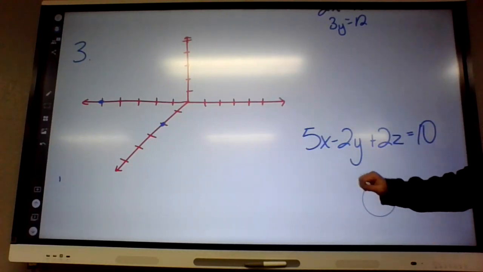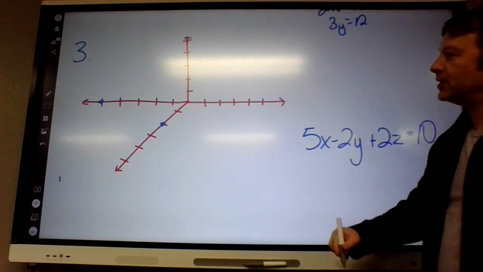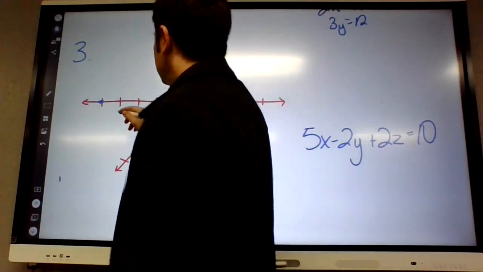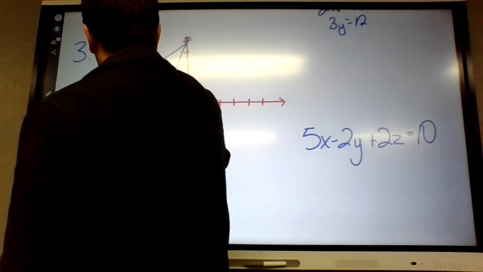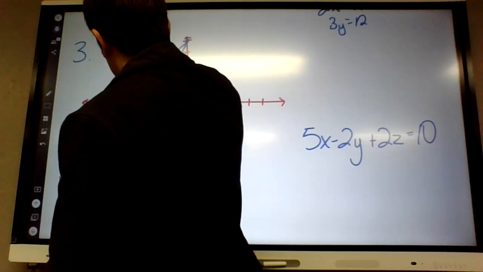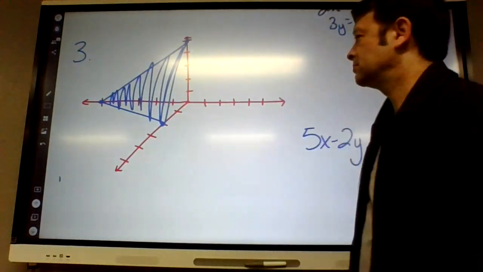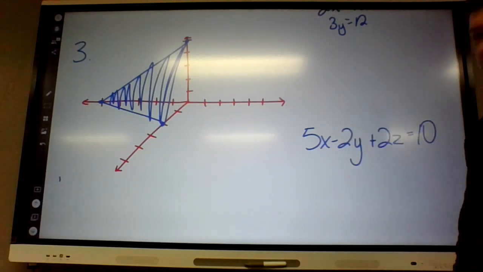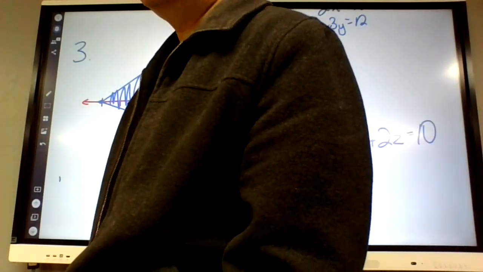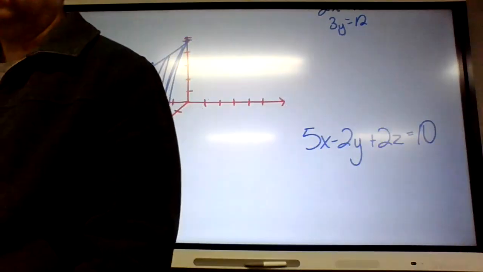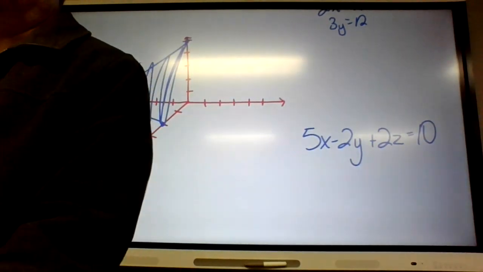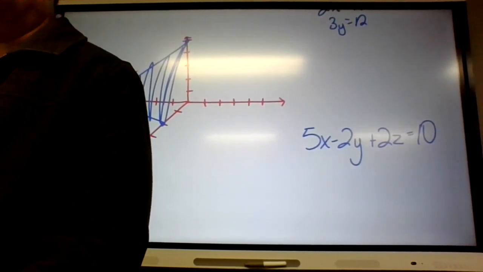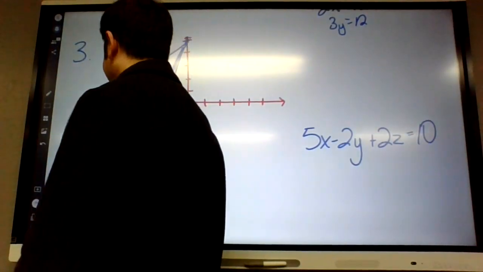Okay, and then if I cover up the x's and the y's, I get 2z equals 10, so z is 5. Okay, 5 and 6. I'll go ahead and draw it right there.